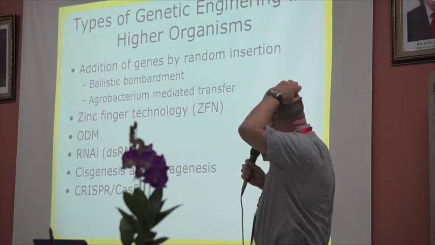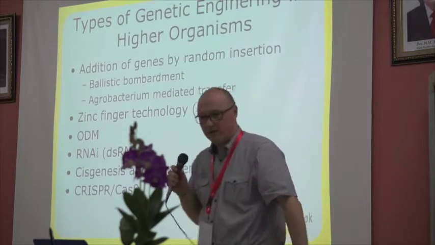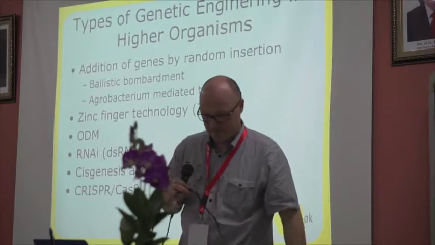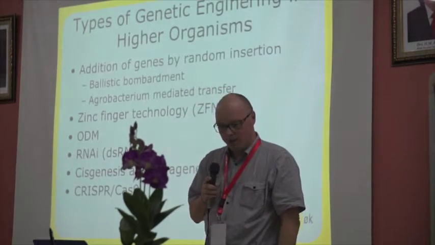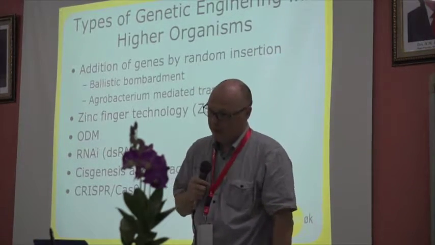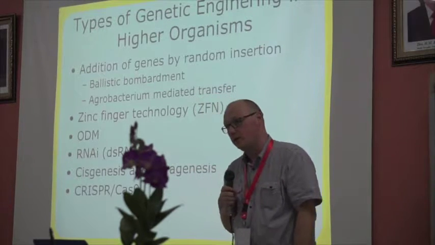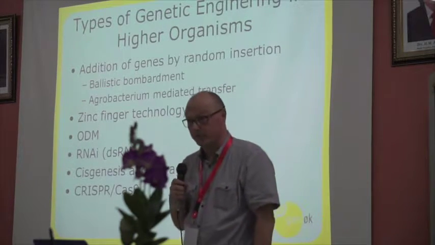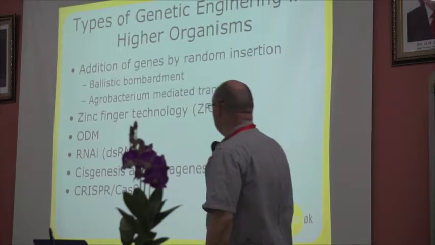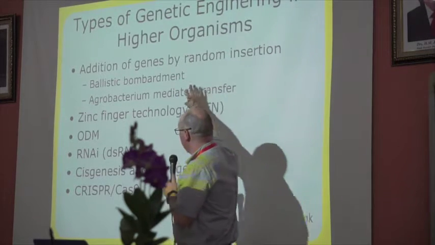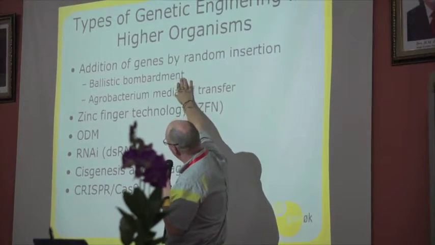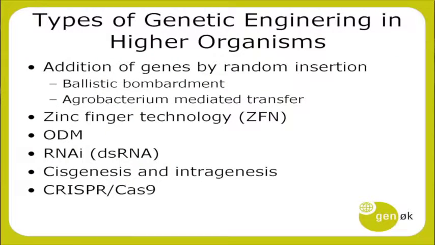So, the types of genetic engineering in higher organisms. Well, the GMOs that are on the market today, the Bt crops, the herbicide-tolerant crops, the soya, the cotton, the maize, among others, are made by one of these two methods, the ballistic bombardment method or the agrobacterium-mediated transfer.